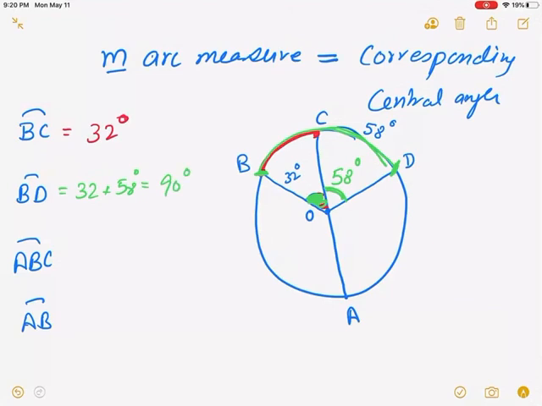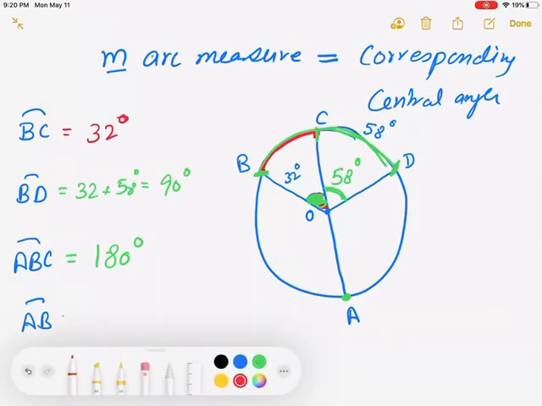All right. Next one, ABC. Start from here, B and C. Since it exactly corresponds to the diameter of this circle, you know it's half of the circle, so that's definitely going to be equal to 180 degrees. The last one, AB. Let's pick a different color. When I say AB, I'm looking at this piece here.